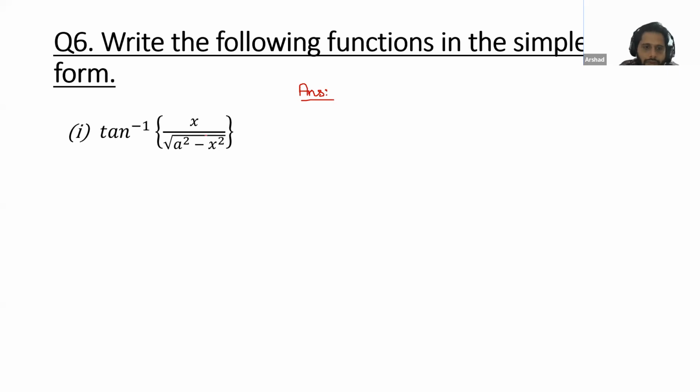Seth, can you tell me in place of x what we can put? A tan theta. Not a tan theta.